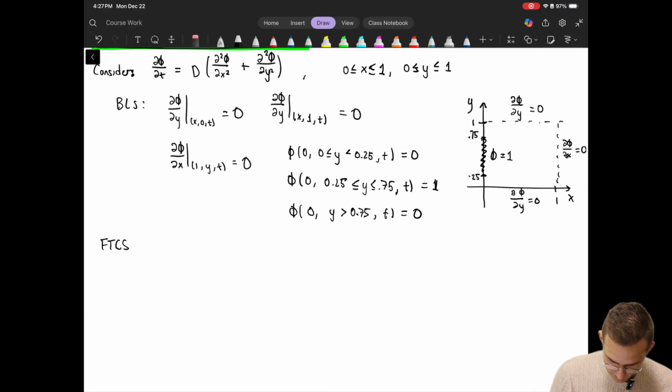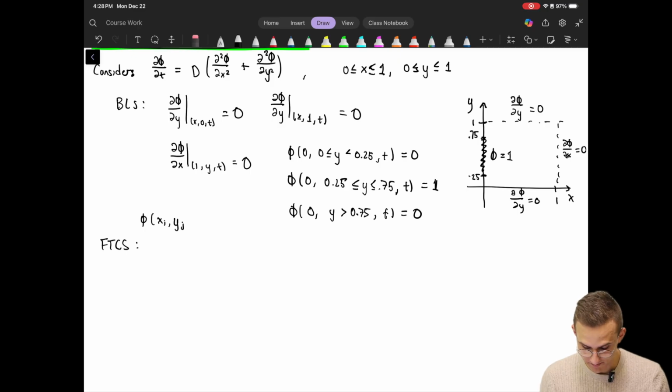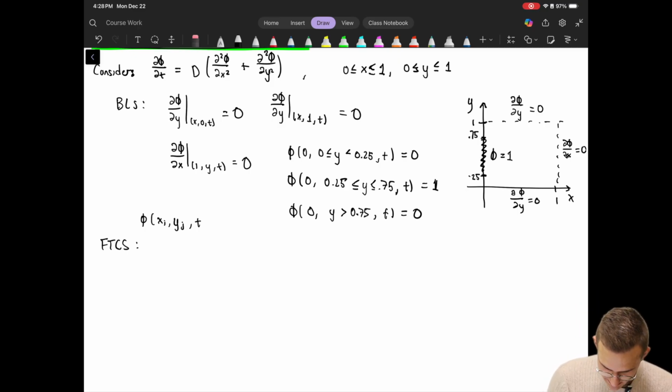So if we want to use that, then keep in mind that phi is a function of x_i, y_j. So now we're going to have to introduce another spatial index, and then t.